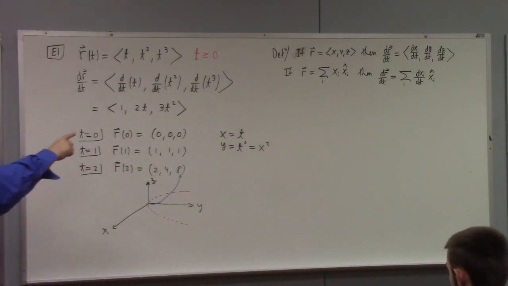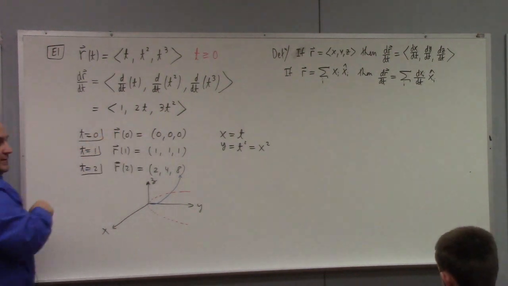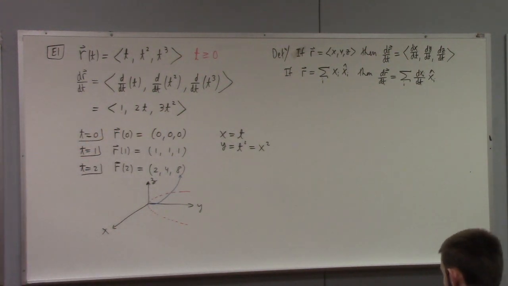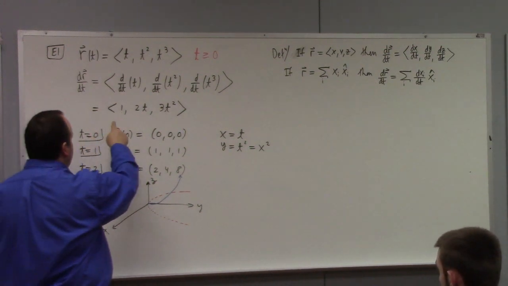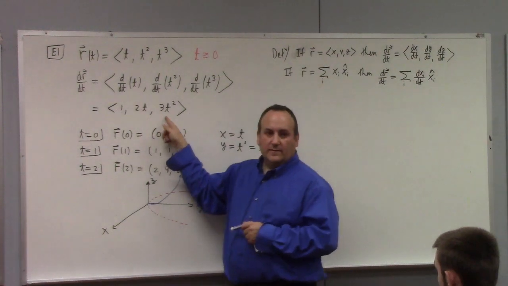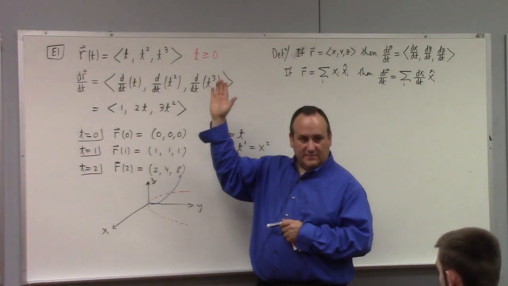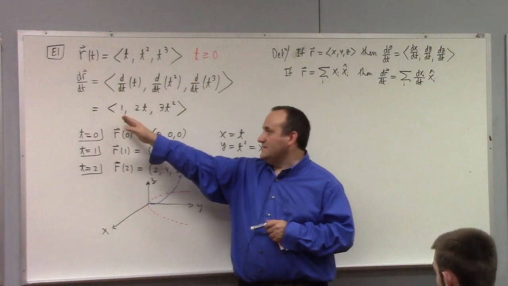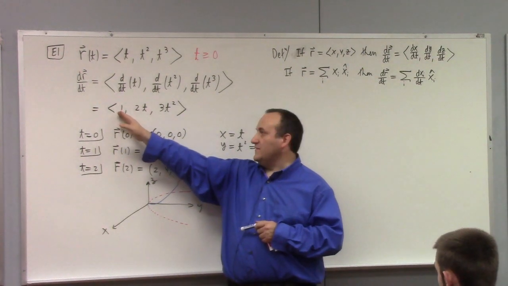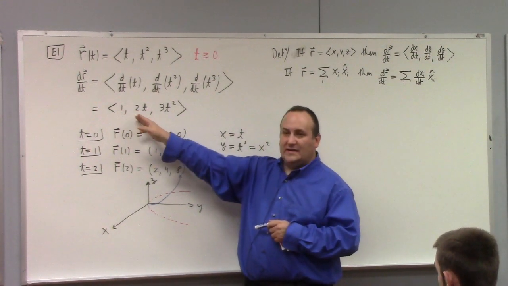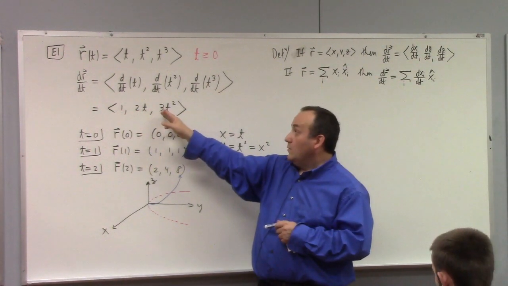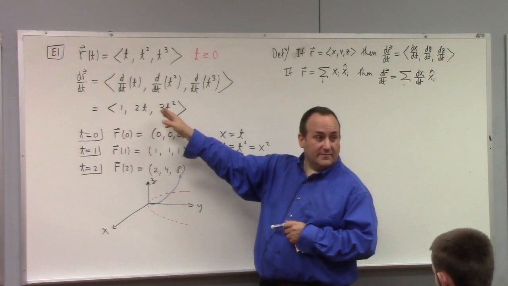And the meaning of this, right? The meaning of this is that if you fix any t, that's the direction in which the curve is going. See, the bigger t is, the more upward pointing it is. Like at t equals 10, its rate of change is 1, 20, 300.